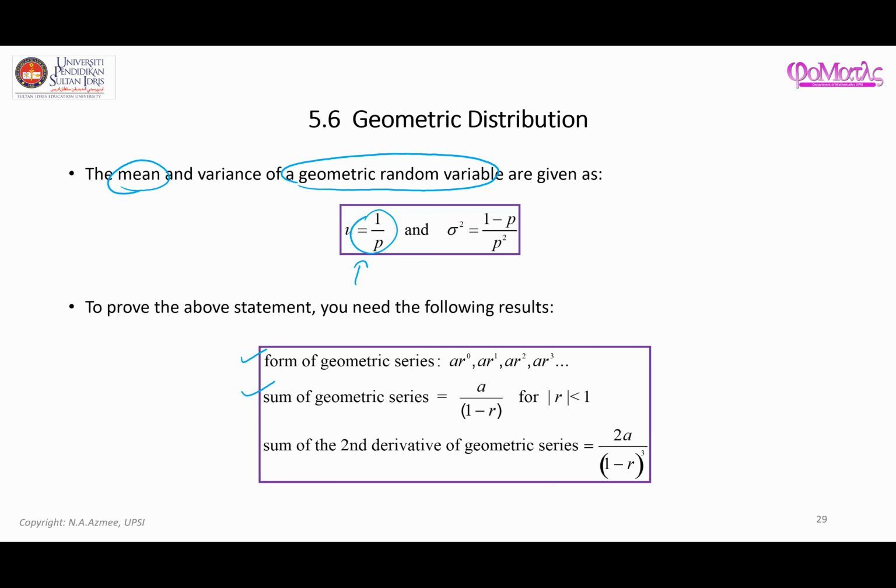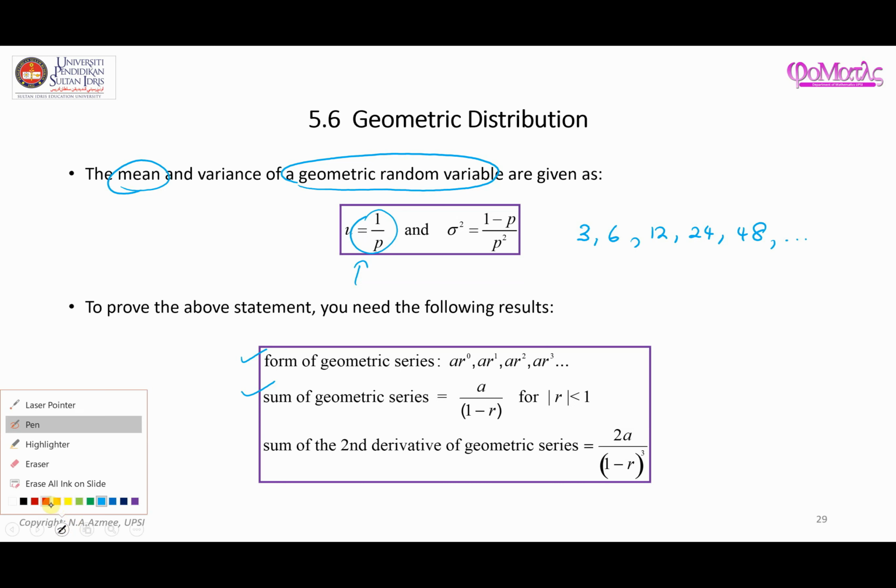First of all, let me give you an example of a geometric series. This could be a geometric series: 3, 6, 12, 24, 48, and so on. The idea of a geometric series is that the terms in the sequence have a common ratio.